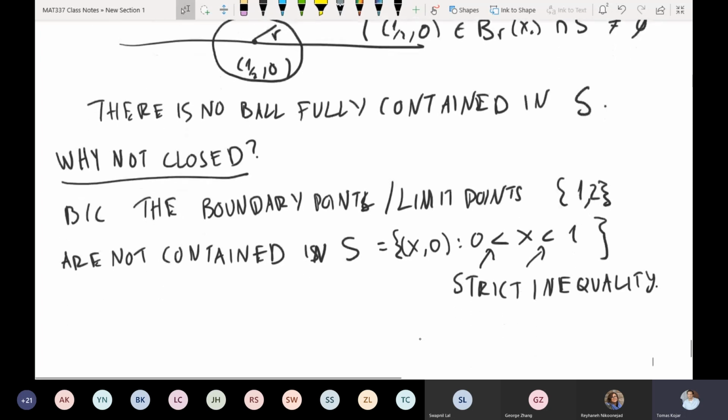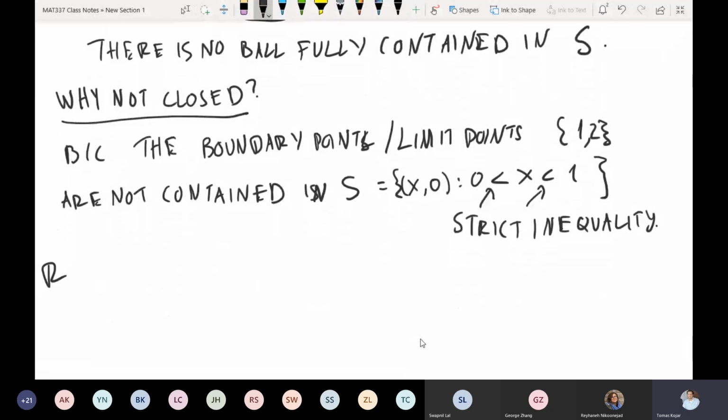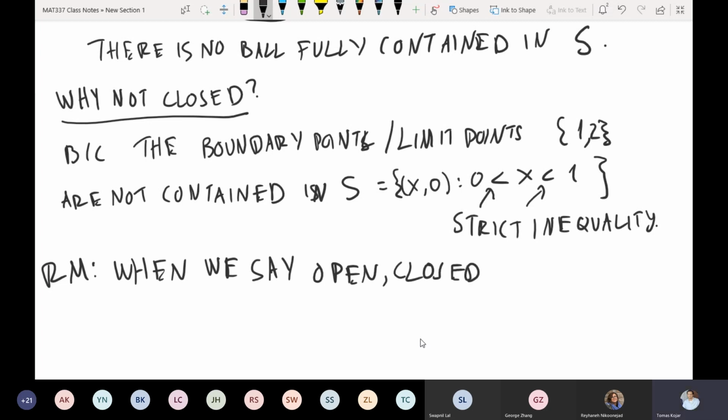So this is a tricky concept. When we say open and closed, the remark is that you have to pay attention to what dimension, what is the topology. You have to specify the dimension as well.